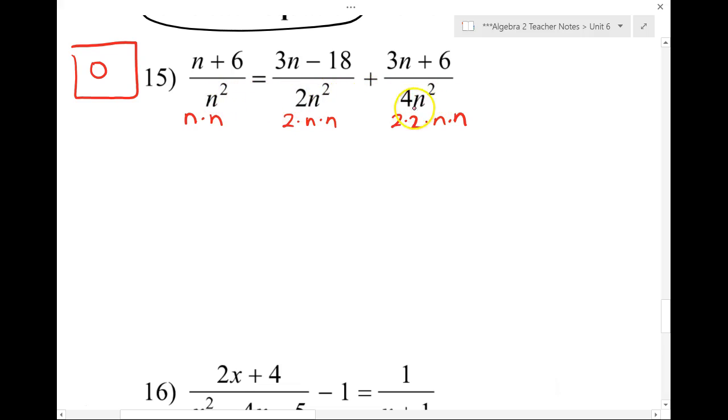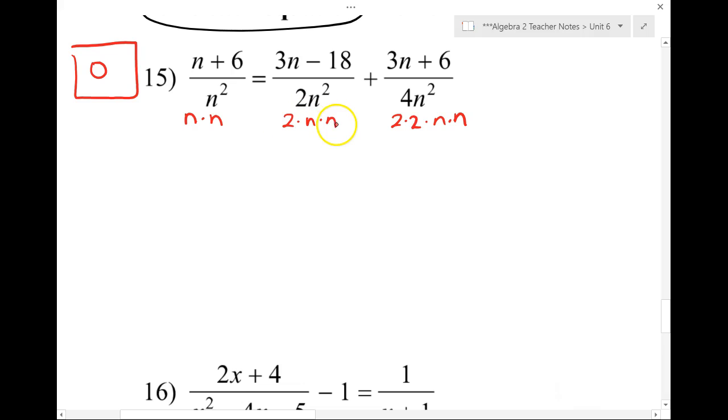So I've got to figure out what I can multiply to each of these rationals so that all of the denominators cancel out. Well, if I only multiply n and n here, that will cancel this one out, but here I'm still left with a 2. So that means I'm also going to need to multiply a 2, n and n.